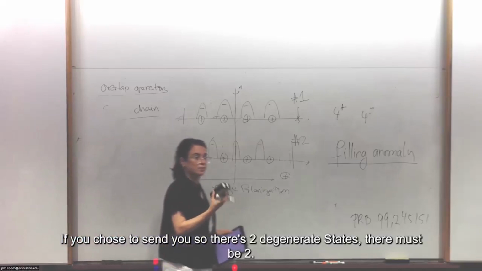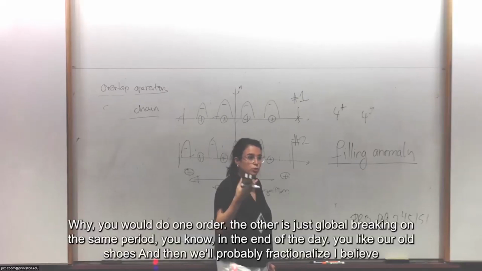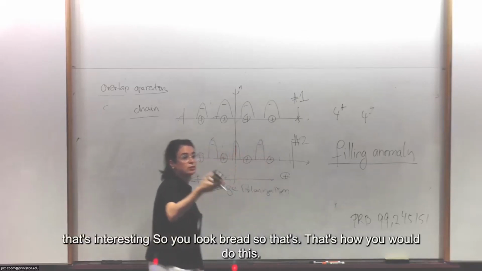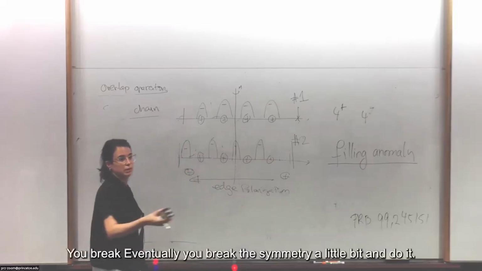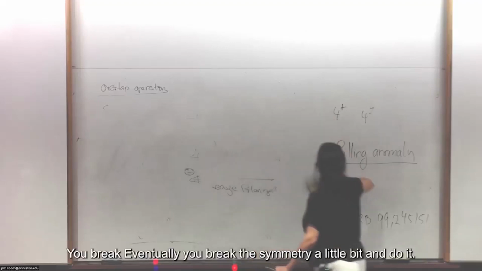Yeah, but if you leave the center state vacant, create the mirror plane, then you would break the mirror symmetry. So eventually you break the symmetry a little bit, and you would utilize that to choose one of the states to be occupied. And that state will, by construction of the symmetry, be there.